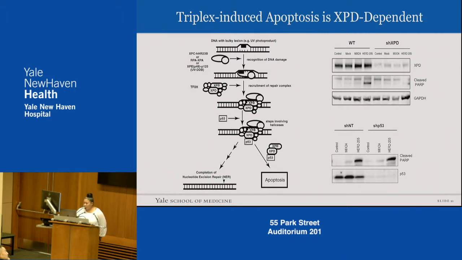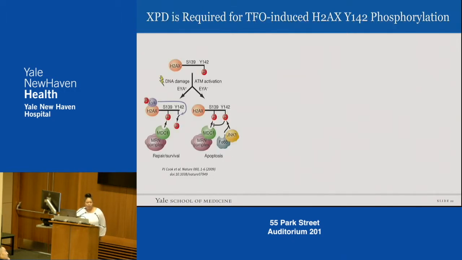So we've taken steps to figure out what could potentially be happening. It's been previously reported in the literature that gamma H2X has two phosphorylation sites, one at serine 139, and in addition to that, one at tyrosine 142. And studies have shown that phosphorylation events at both serine 139 and tyrosine 142 need to take place for the activation of apoptosis.